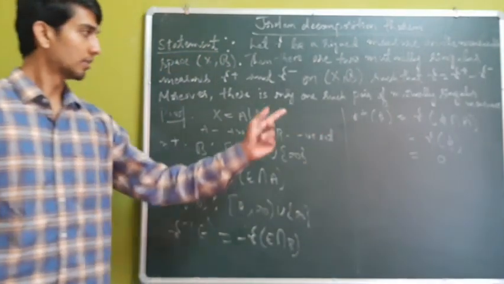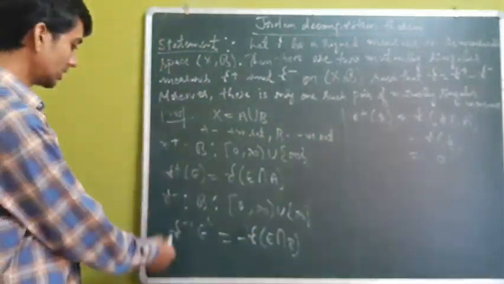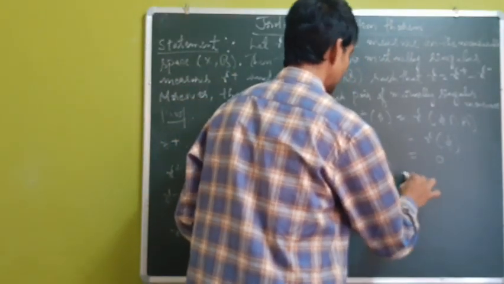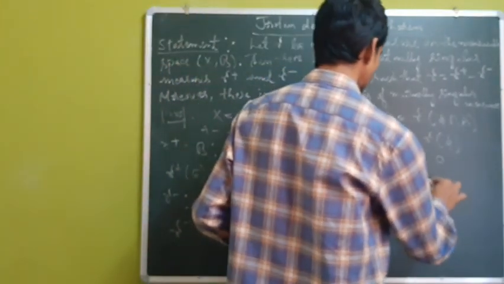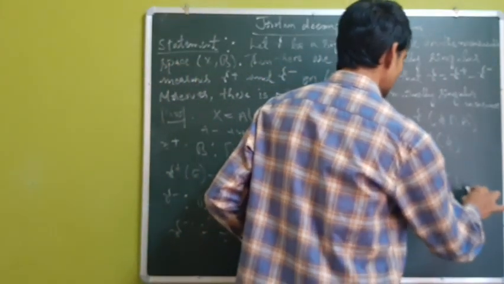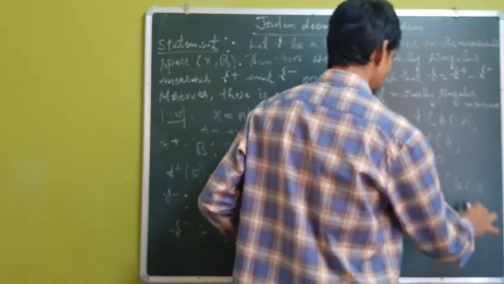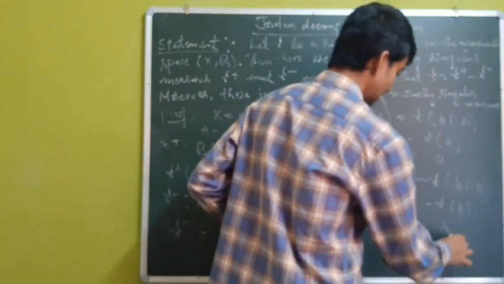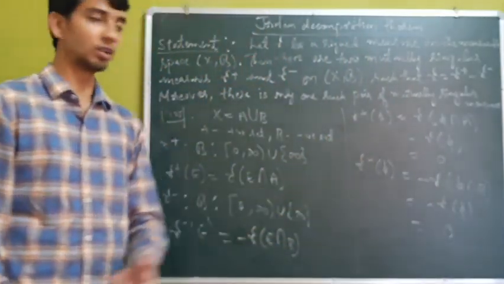So I have the positive measure of the empty set to be 0. Coming to the negative part, it is defined by minus of gamma of E intersection B, so it is minus of gamma of the empty set intersection B. Again this is minus of gamma of the empty set, and since gamma is a signed measure, the signed measure of the empty set is 0. So clearly we have it to be 0.